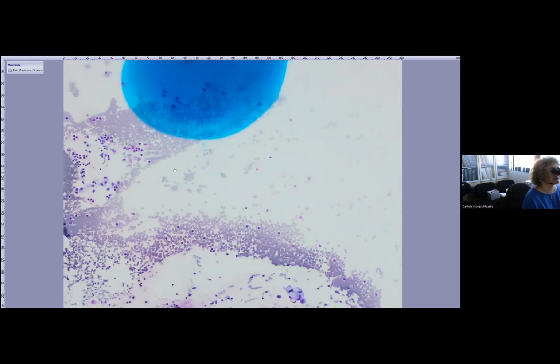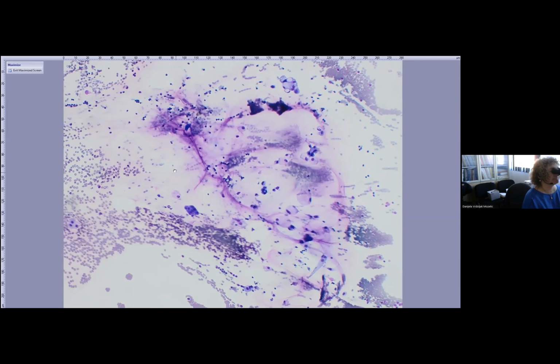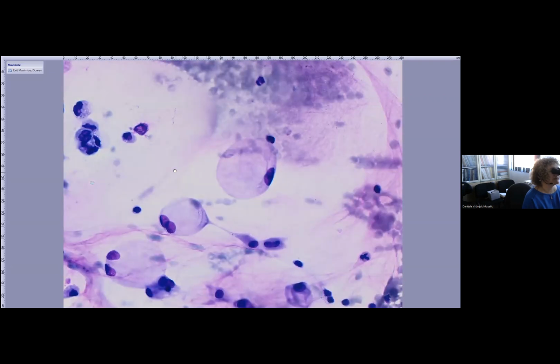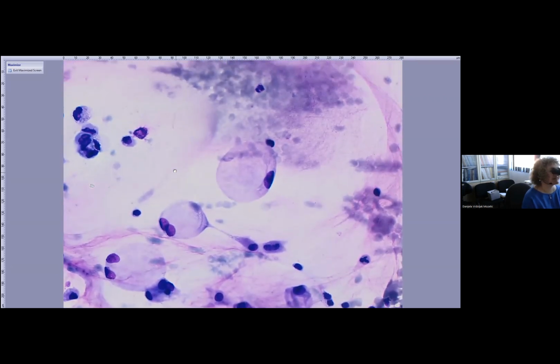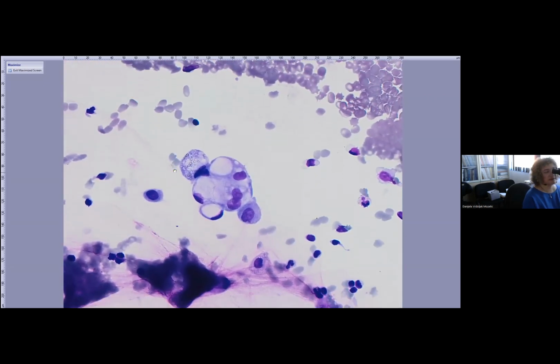I will just show you the next case, female, age 70, with the clinical diagnosis of bilateral ovarian tumors. Also ascitic. So we have a mucinous material. And here we have some signet ring cells, also in clusters. You can see it here.